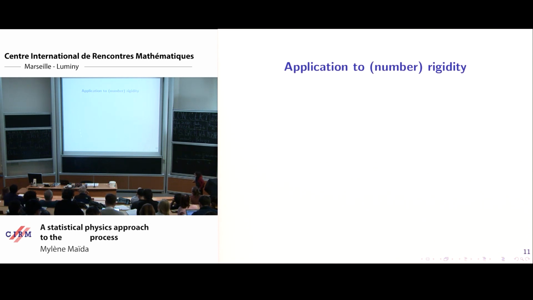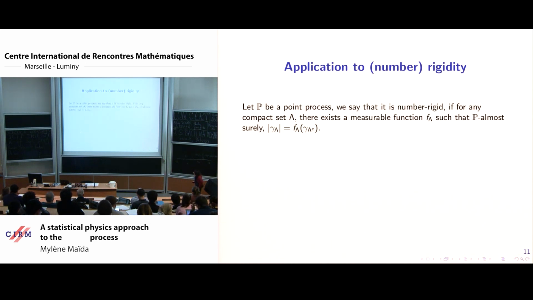And the first application, the application we work on in our work with David, Adrien, and Thomas, is the notion of number rigidity. So what is number rigidity? Well, you consider a point process.